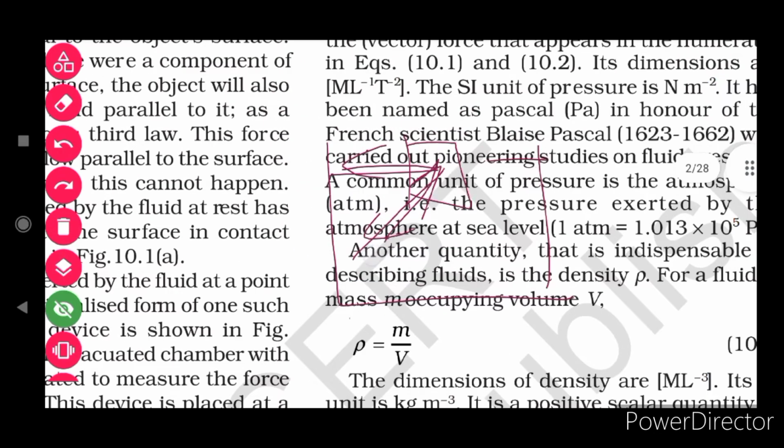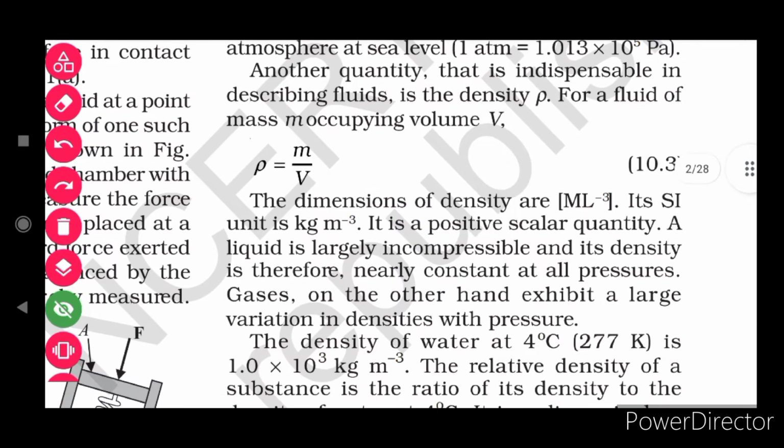Then we'll go to the next paragraph, and in this the density is mentioned. You know very well what density is. It is mass per unit volume. Again we consider a unit volume. Suppose there are two blocks, one of copper and the other of iron.